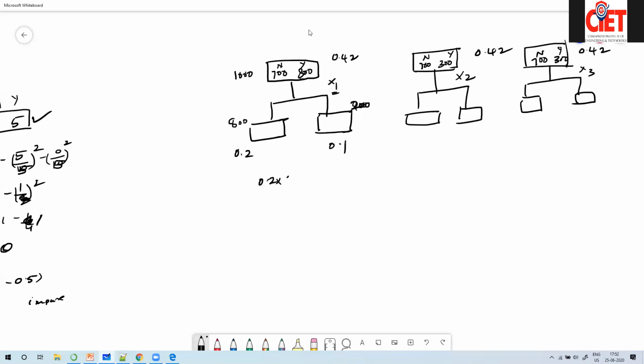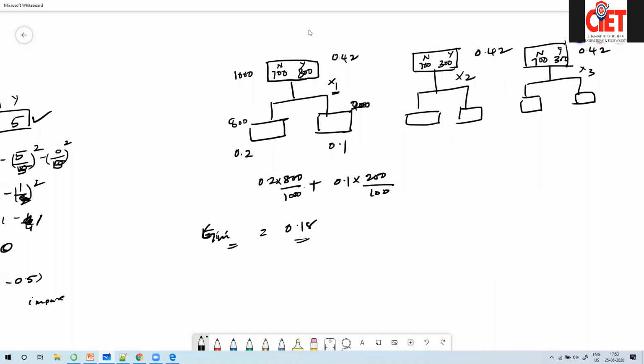So 0.2 into 800 by 1000 plus 0.1 into 200 by 1000. So this is going to be roughly between 0.2 to 0.1. So it's like, let's say 0.18. So this is the Gini at the children when we used x1 to split.